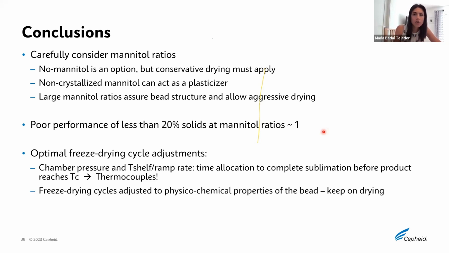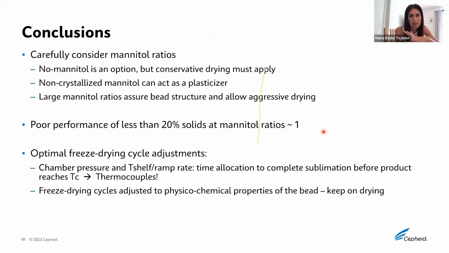And then, depending on the physicochemical properties of the bead, we will be able to run more or less aggressive cycles. But for example, having just one ramp cycle is possible as well with formulations that need more conservative settings. In that case, we would need to adjust the ramping rate.